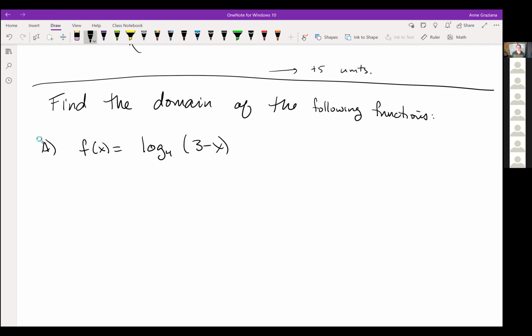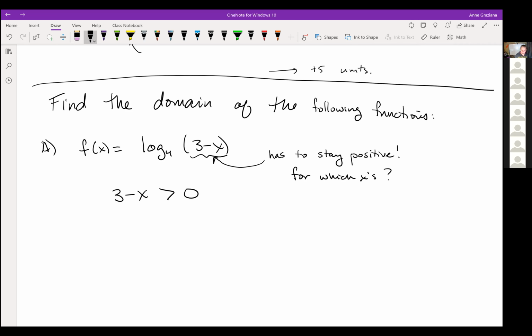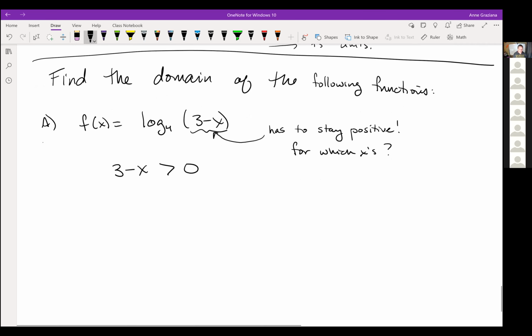All right. So what's true about that input, that inside of the parentheses? This part here has to stay positive. But for which x's? The way we figure it out is we take the inside and solve for x when the whole thing will be greater than 0. Is that okay? You guys comfortable with that?